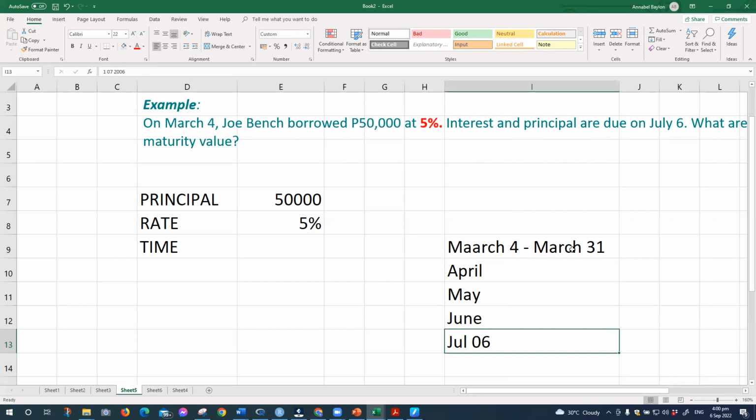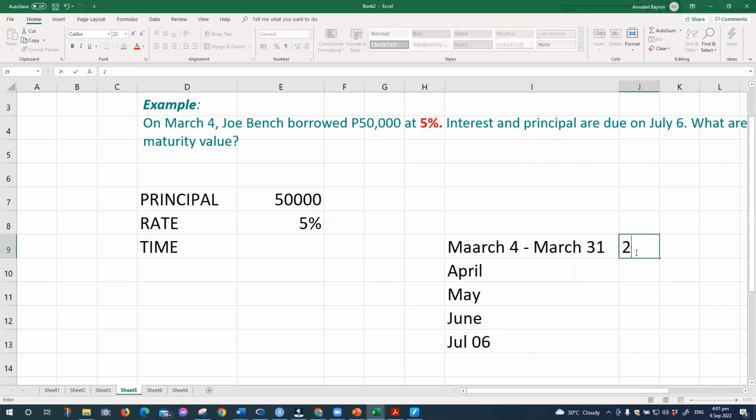Okay, just get the difference, 31 minus 4, and then subtract 1. Mag-subtract 1 ka kasi hindi period to eh. So hindi natin bibilangin yung 4. Ang bilang natin dito, 4 to 5, 5 to 6, ganun yung bilang natin. So because when we compute interest, we're really looking at the periods. No? So hindi yung number of days, but the number of periods. So 31 minus 4, that's 27, minus 1, so 26 dapat.